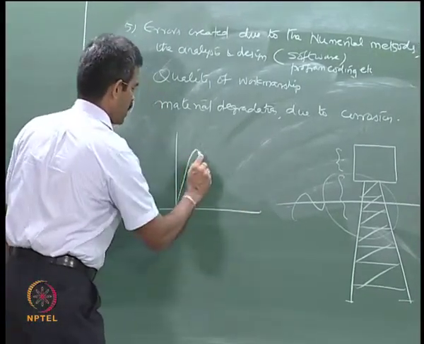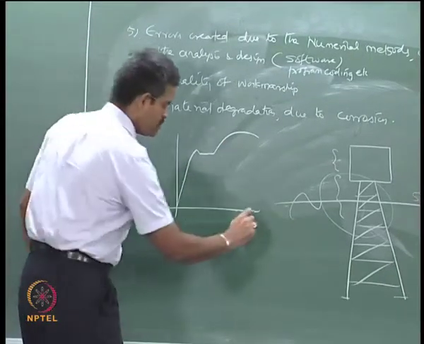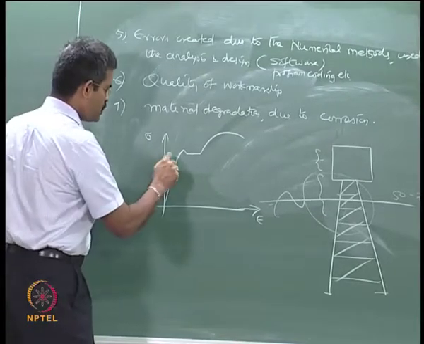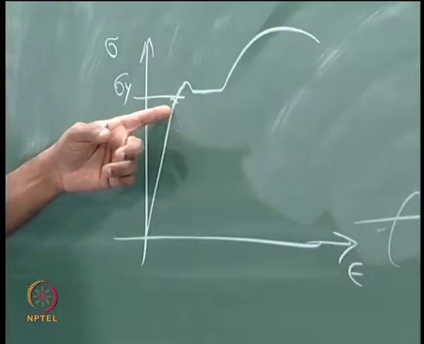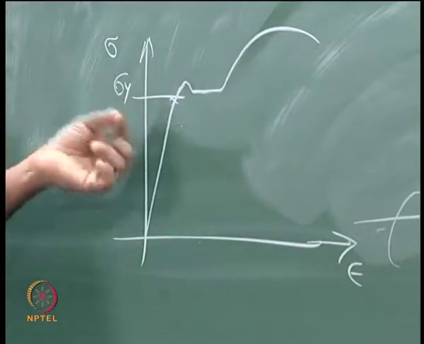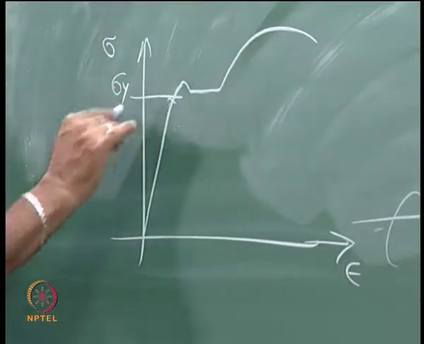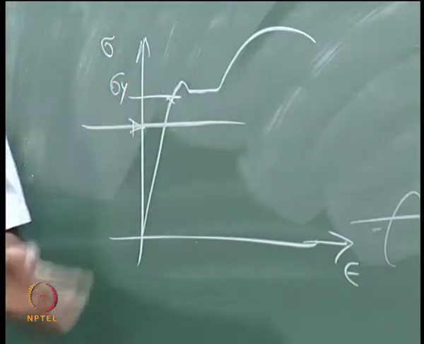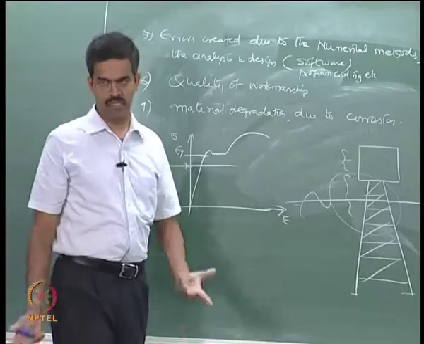This is my classical stress strain curve of structural steel. If this is my yield value, your strength value for which you will design the section was much below this. This was the design value which people used to practice for a long time, which we call elastic design.